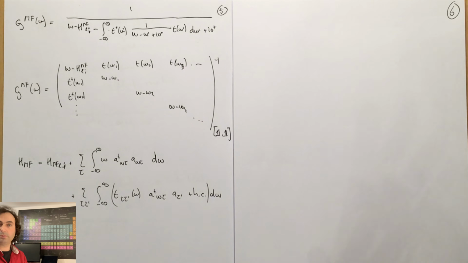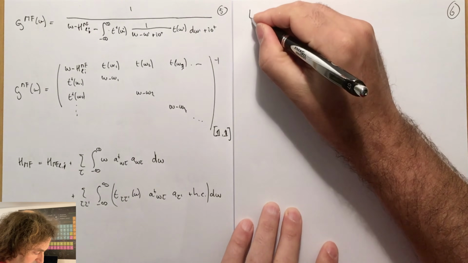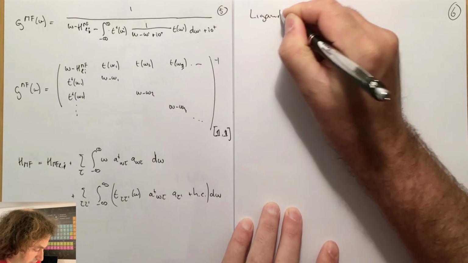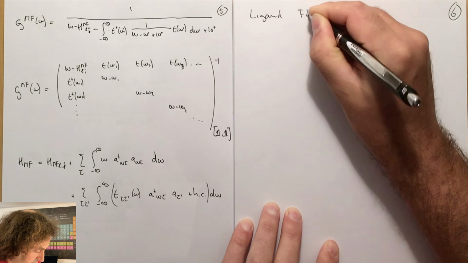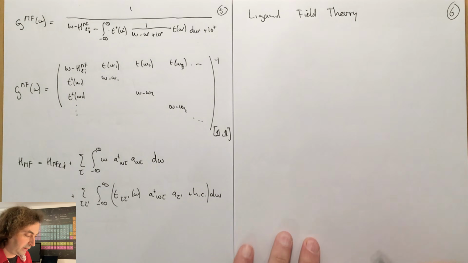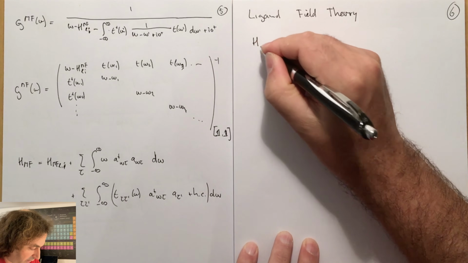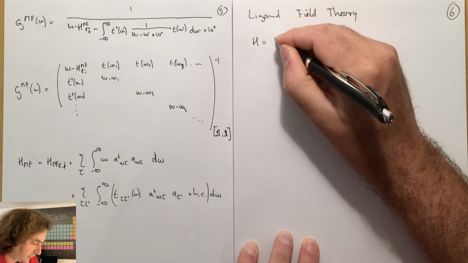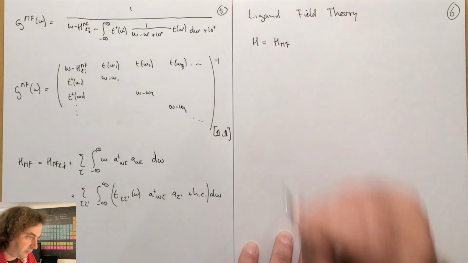Now with this in mind, we can have a look at ligand field theory. And in ligand field theory, we say that our full Hamiltonian will become the mean field Hamiltonian.